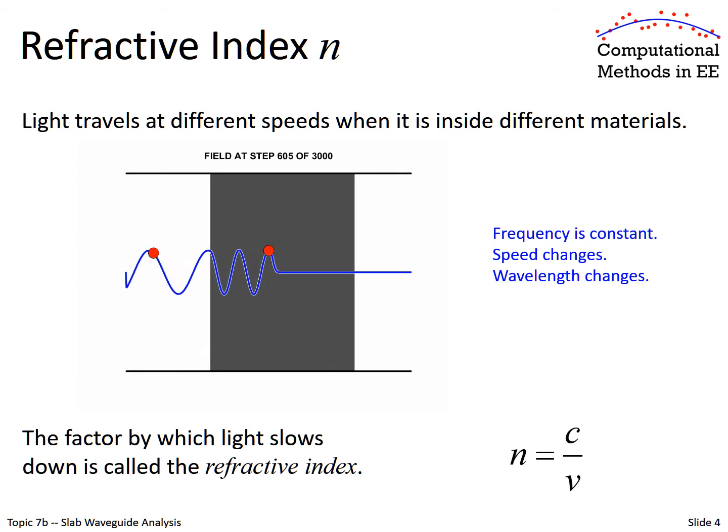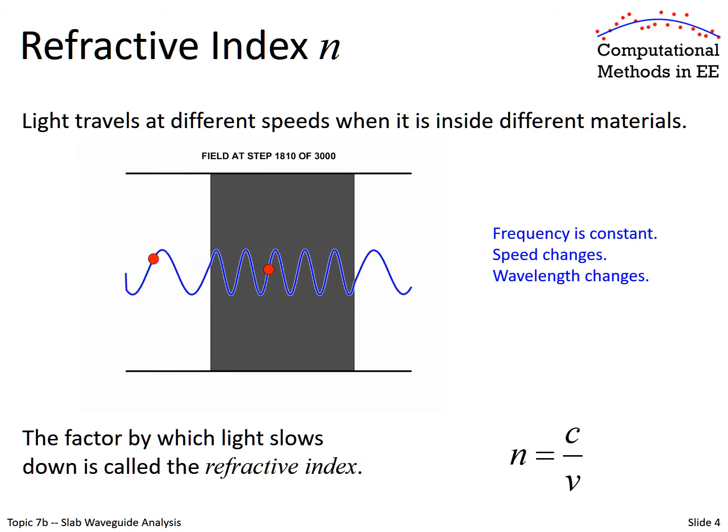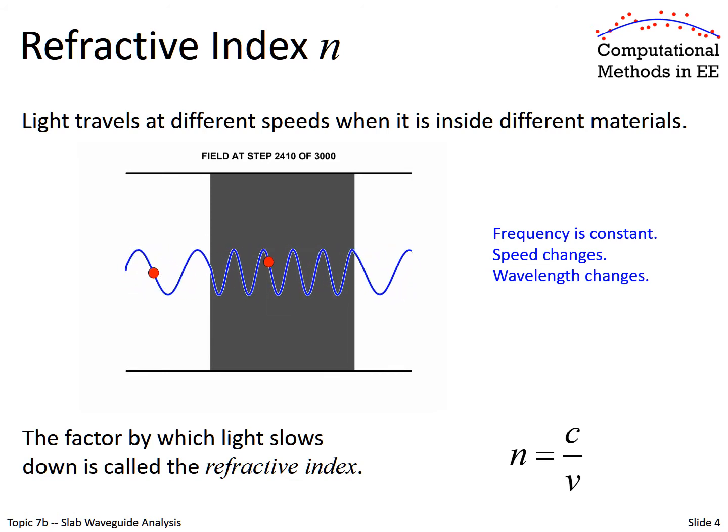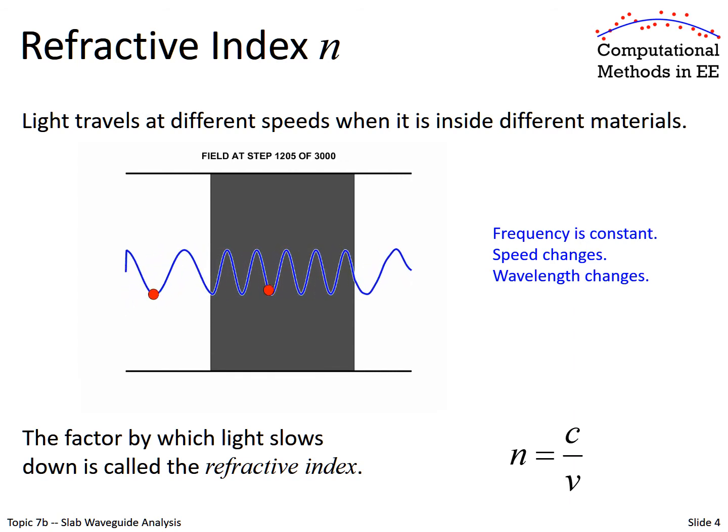The refractive index is the factor by which a wave slows down relative to a wave in outer space, or sometimes we just call it free space. So if refractive index is 2, the wave is traveling at half the speed that a wave would in outer space. So we're going to understand our waveguides through this parameter refractive index.